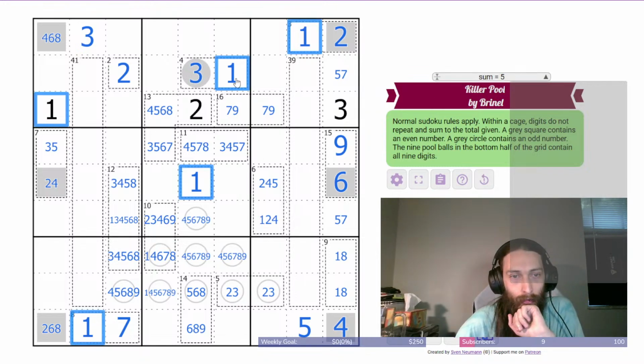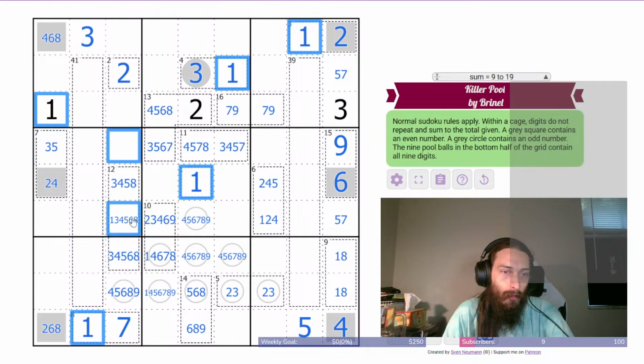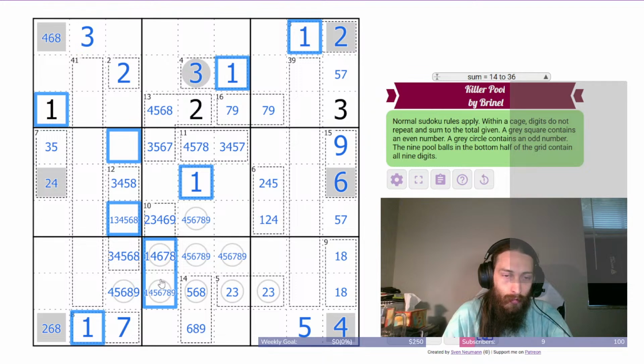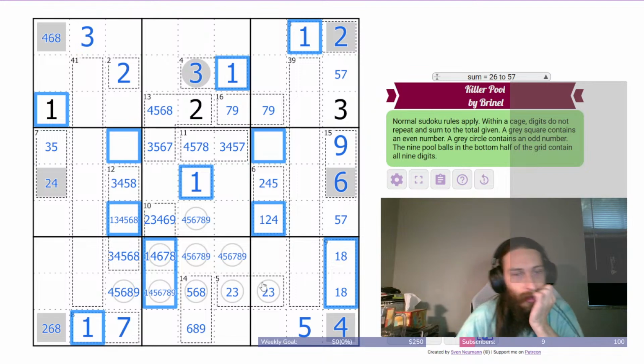Where are all my 1s? Well, in this box, it's top or bottom of column 3. 1 and 4 here. One of those two. Top or bottom there.